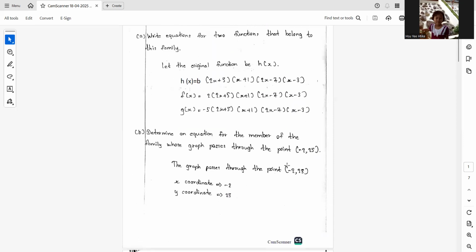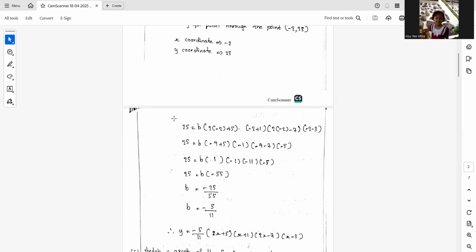So we have to substitute the values of x and y in the original function, h of x, like here. 25 is equal to b times... We have to substitute the value of x here.